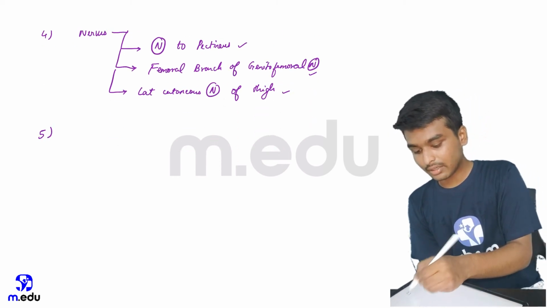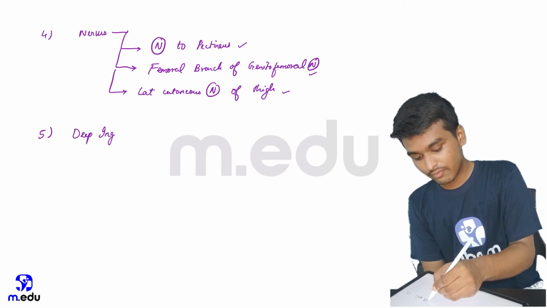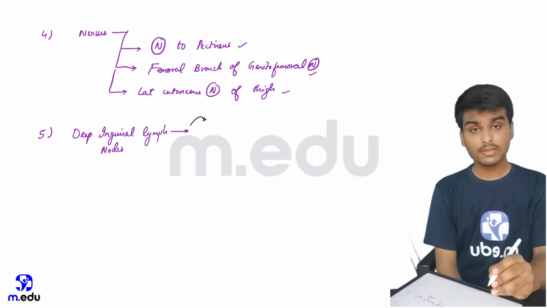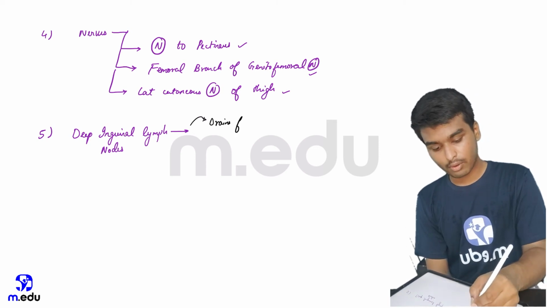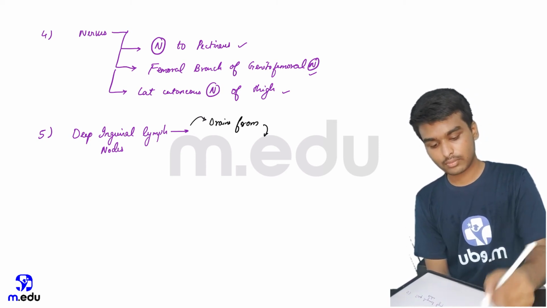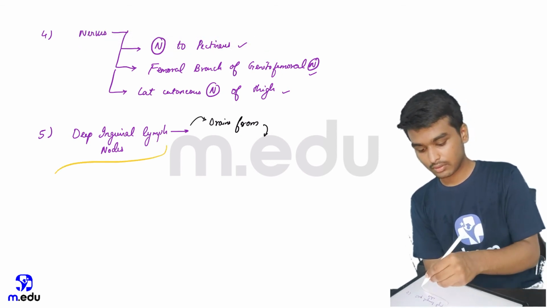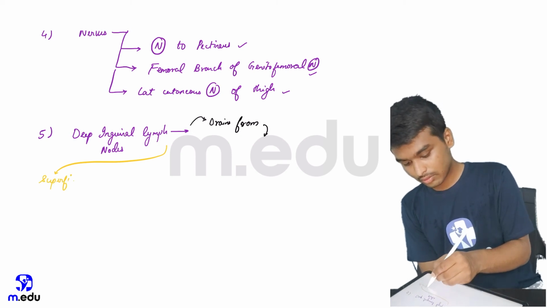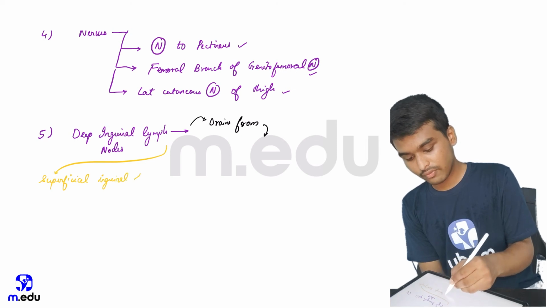The fifth content are lymph nodes. So deep inguinal lymph nodes. These lymph nodes drain from the superficial inguinal lymph nodes.